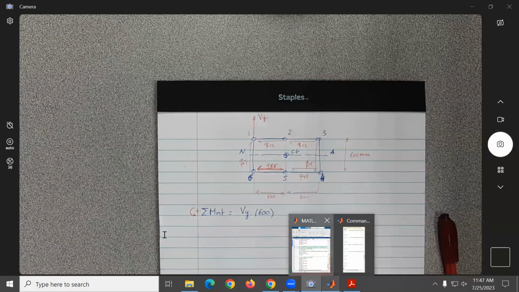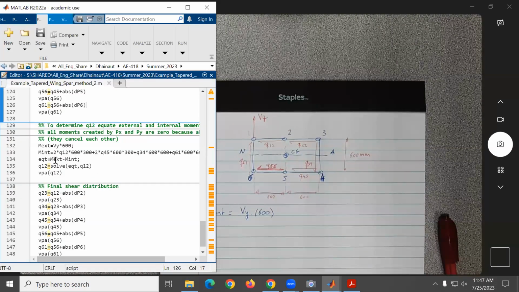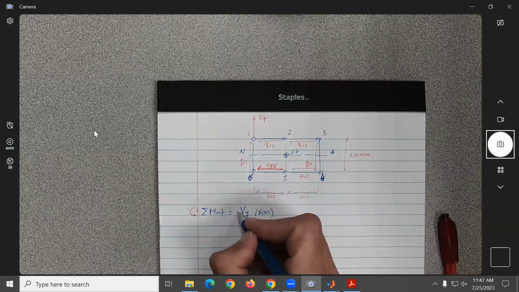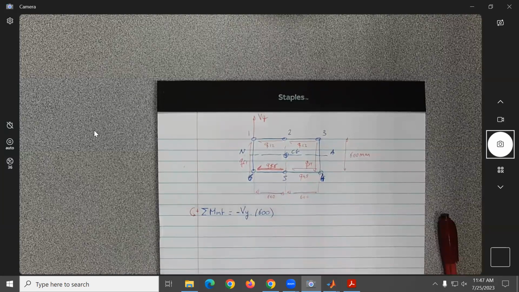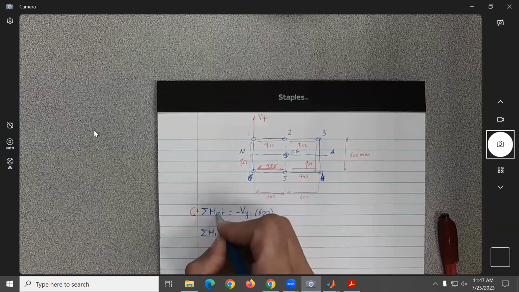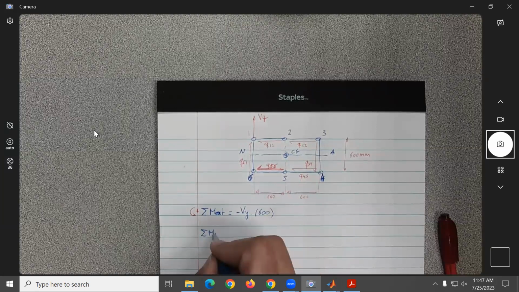So that's probably what I have. Internal will be Vy times 600. Okay. So this one goes clockwise, so we might have a negative sign. And now what will be the one due to the internals? Oh, sorry, this is external. This one is external, this will be internal.